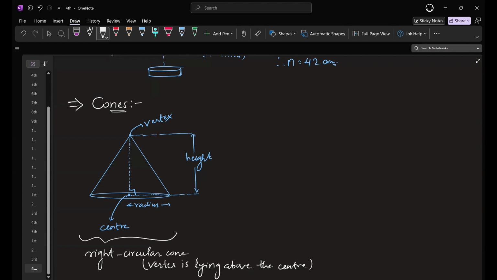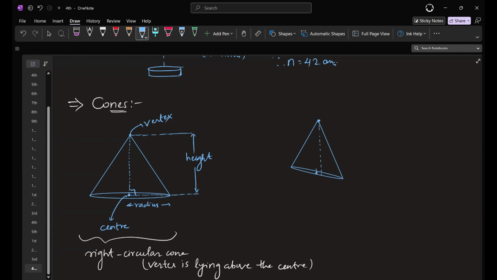What about other cones? Say for example, we have now something like this. Okay, see, the vertex is lying somewhere here, but the center of the base is lying somewhere here.